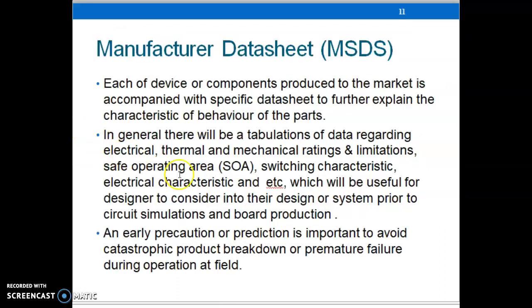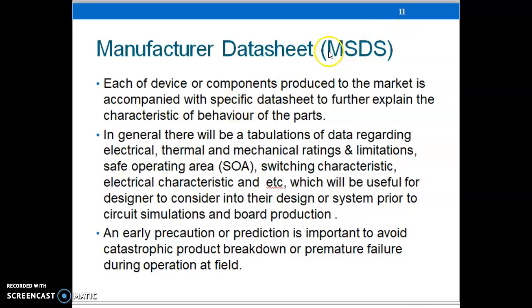Okay, when we want to design our system, we shall refer to the design spec. Let's say we are going to fabricate our system with a selection of power devices: rectifier, diode, thyristor, transistor, whatsoever.